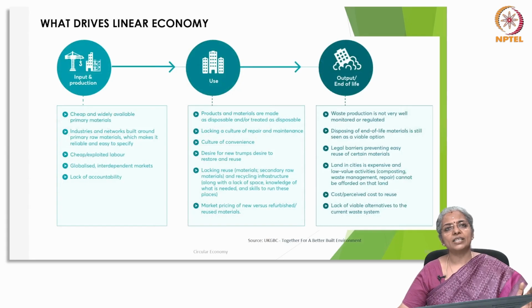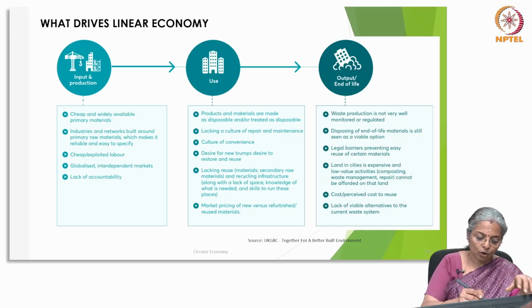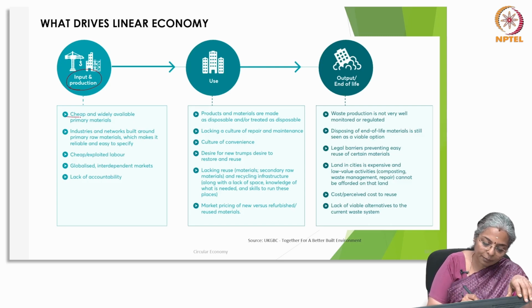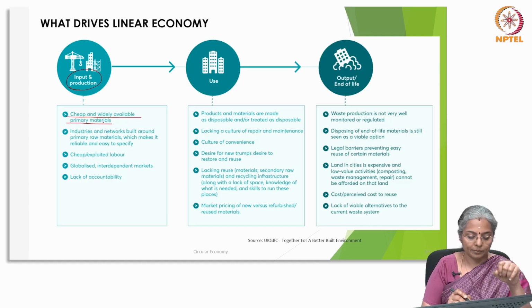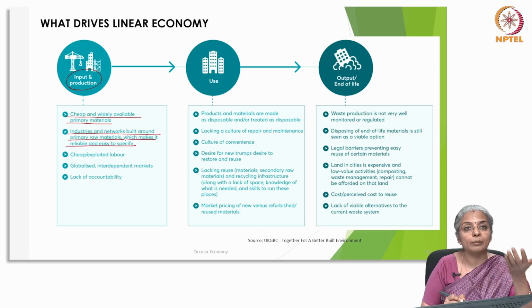What drives the linear economy? The linear economy is driven in terms of its input and production by cheap and widely available primary raw materials. Also, industries and networks are built around primary raw materials, which makes it reliable and easy to ask, demand and specify.